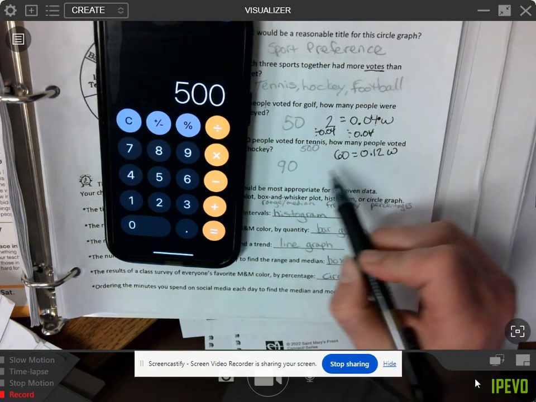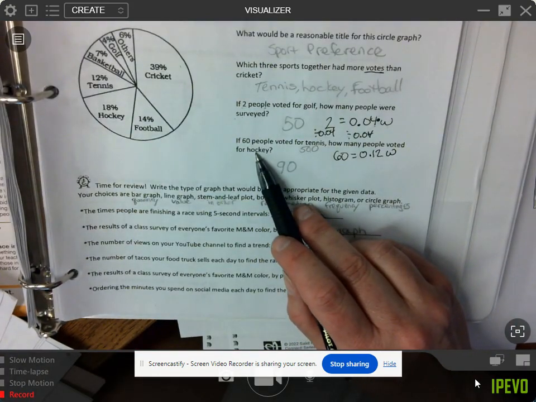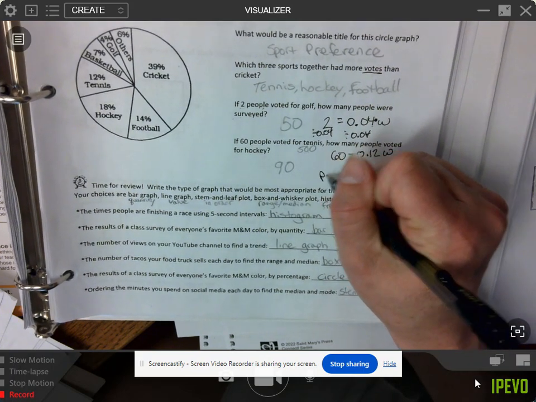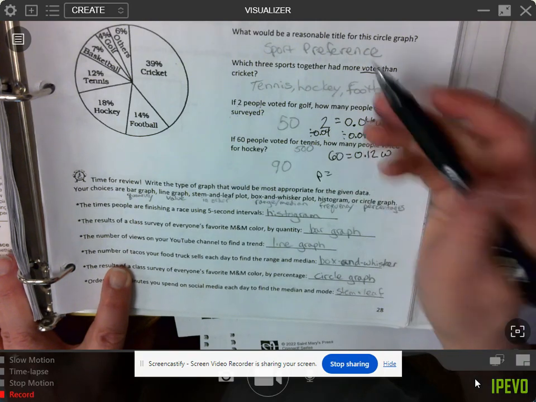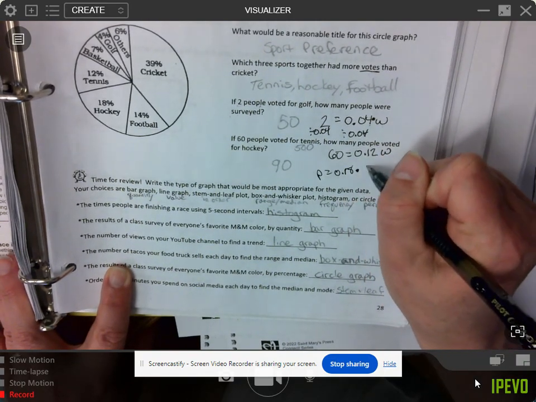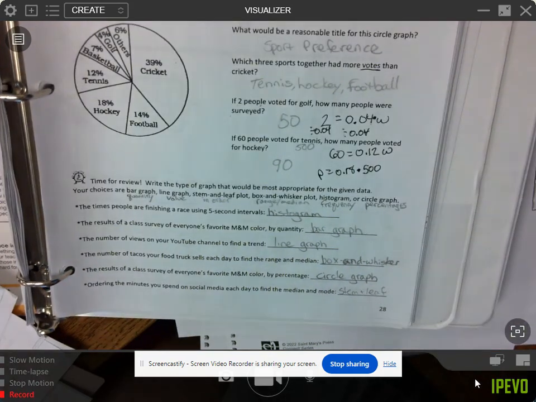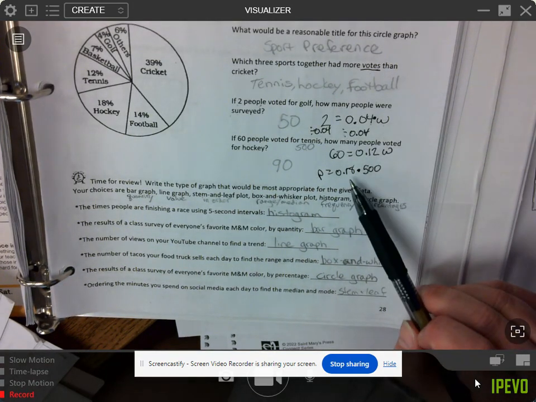So now I want to know how many people chose hockey. So now my part is the question. I know hockey is 18%, and I know my whole is 500. So there were 2 steps I had to go through in order to get to the hockey.